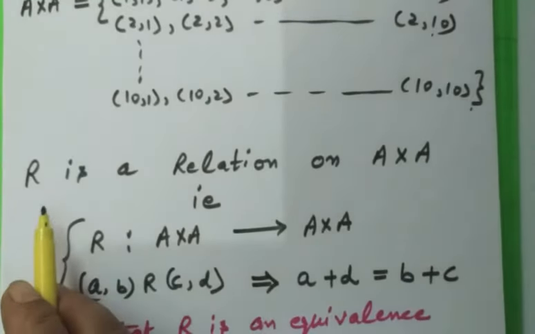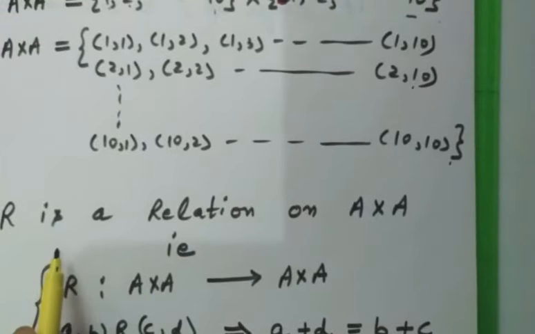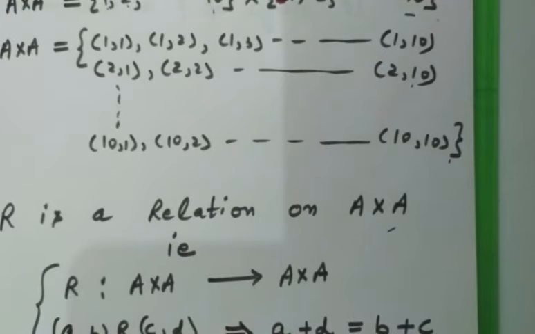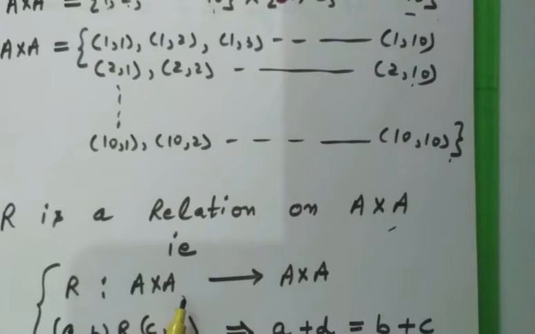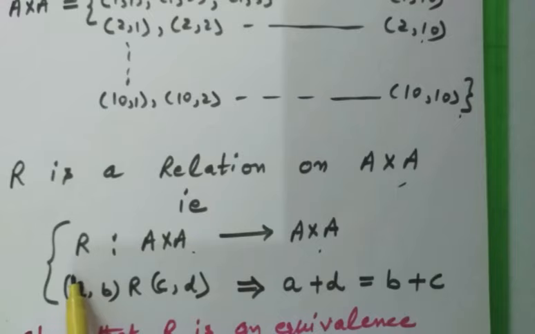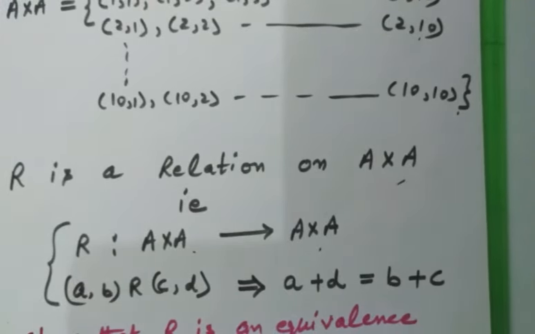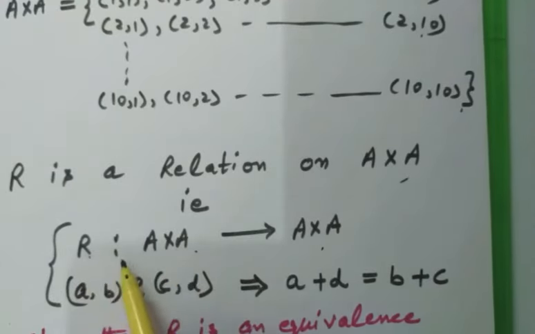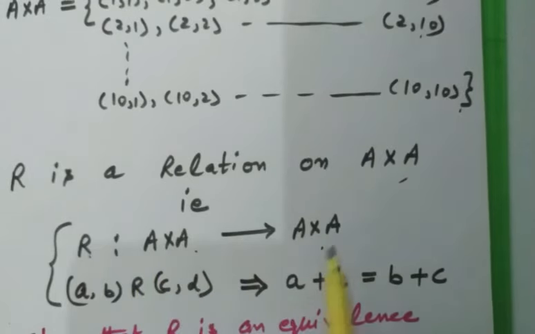The relation R has been defined on A cross A. Previously, we were defining the relation R on a set A, but here R is being defined on the Cartesian product A cross A. So, that means we are defining R between two ordered pairs because A cross A contains ordered pairs. R relates one ordered pair with another ordered pair.